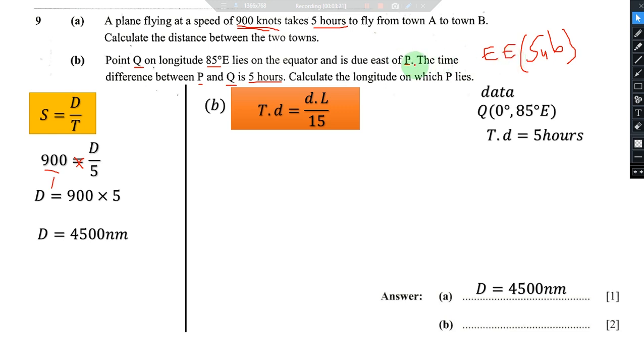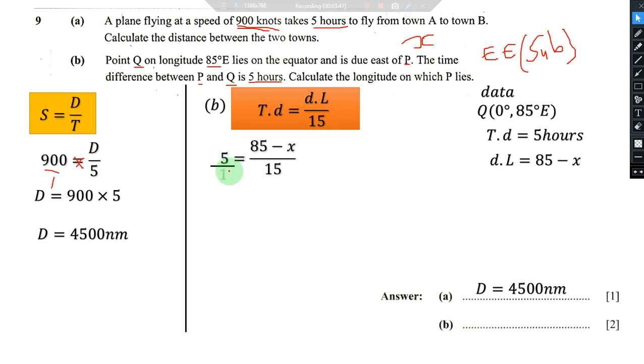So now, since the longitude for P we don't know, we'll represent it with X. Then the longitude for Q, we know it is 85. So the difference will be 85 minus X. That will be our difference in longitudes. Okay, so let us substitute what we have. TD, which is time difference, is 5 hours. DL is 85 minus X, which is difference in longitudes. So we have something like this.